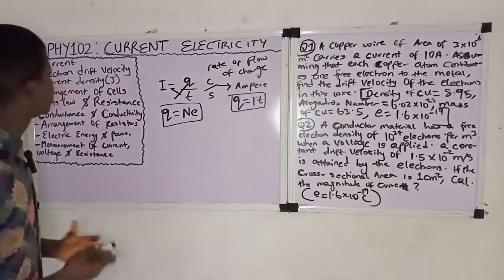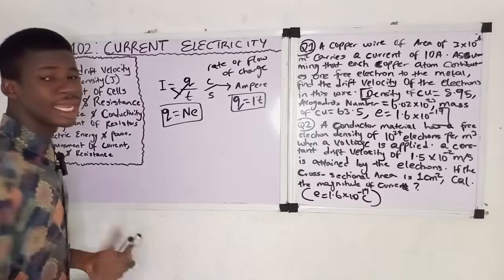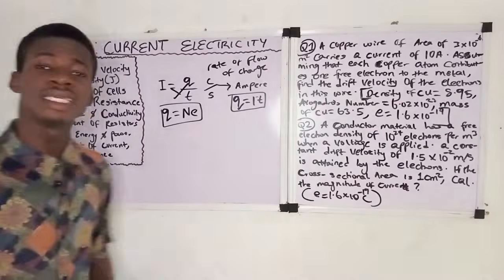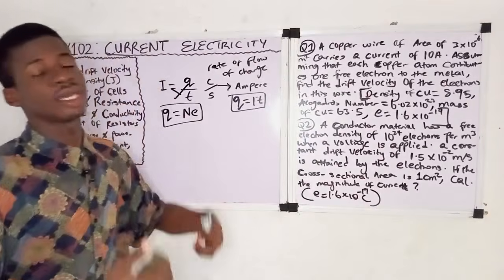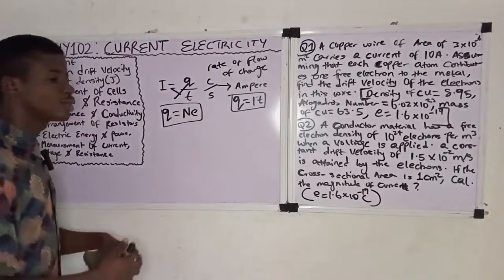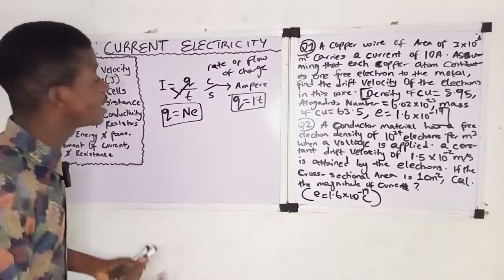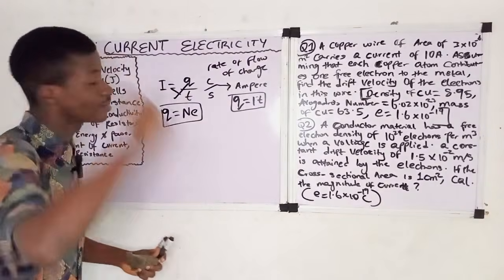Then we'll move to the next part, which is electron drift velocity. Now you may ask, what is electron drift velocity?